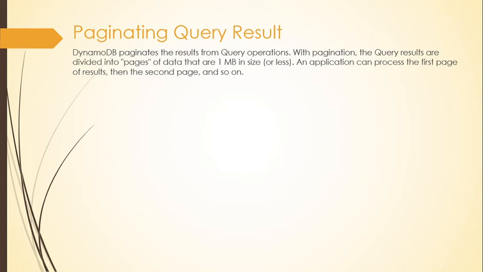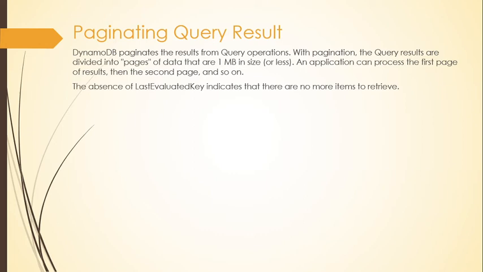So if you are retrieving query results that are more than 1 MB in size, you can use pagination. You first retrieve the first page, then query again and retrieve the second page, and so on. One page at a time, you can retrieve your complete data in a partial way.